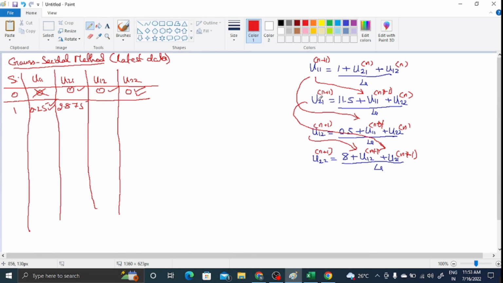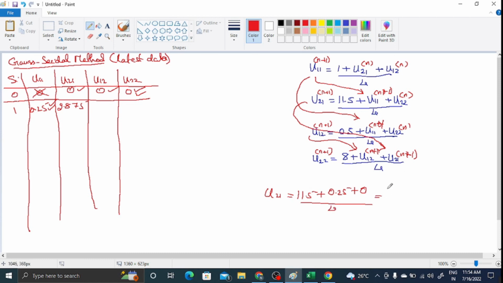U21, right? In this case U21 equal to 11.5 plus, now U11 is 0.25, plus U22 is 0, divided by 4.